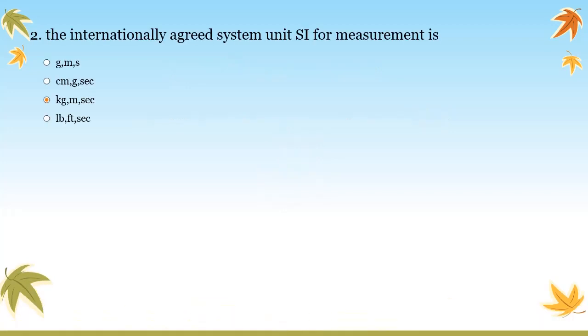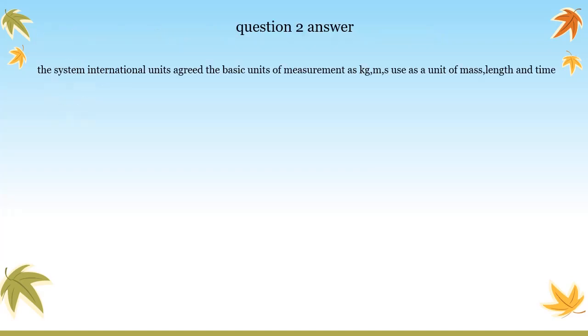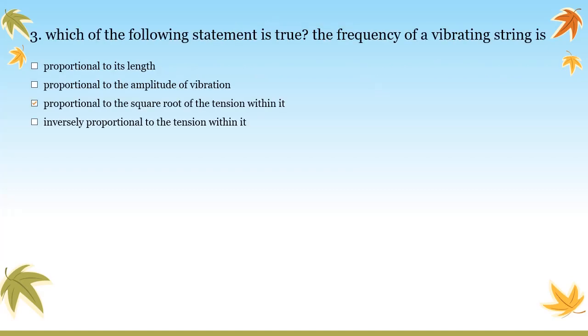2. The internationally agreed system of units, SI, for measurement is? The Système International units agreed the basic units of measurement as kg, m, and s, used as units of mass, length, and time. 3. Which of the following statements is true?